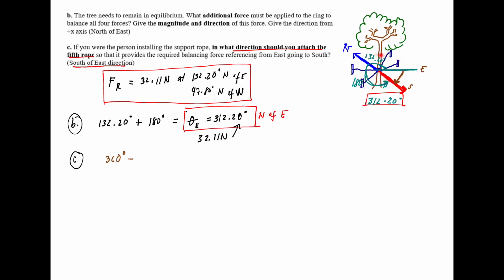So 360 minus 312.20 degrees, and that will be equal to 47.80 degrees. Now, what is the direction for that? That is south of east. That means from east going to the south. And that's it. That is the answer for letter C. You just have to be very, very careful with your directions.